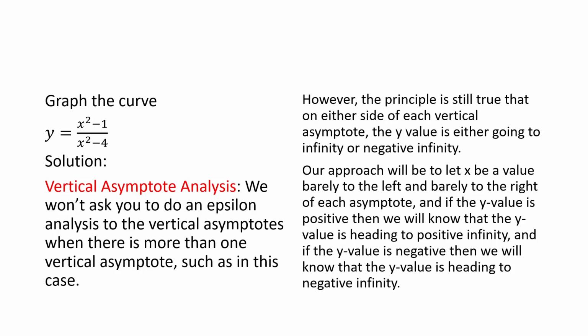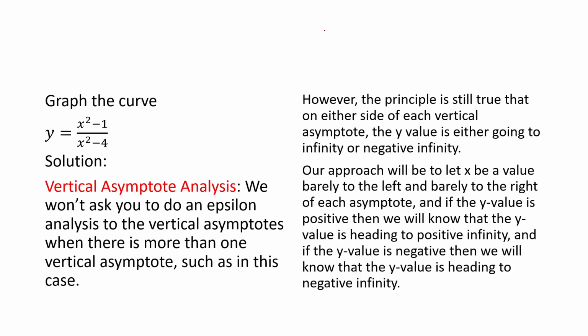You've seen in a previous video that we call this an epsilon analysis, where, if we're testing the vertical asymptote at x equals 2, we let x equal 2 minus epsilon or x equal 2 plus epsilon. When we've got two vertical asymptotes in one question, we will instead make it a little bit easier.